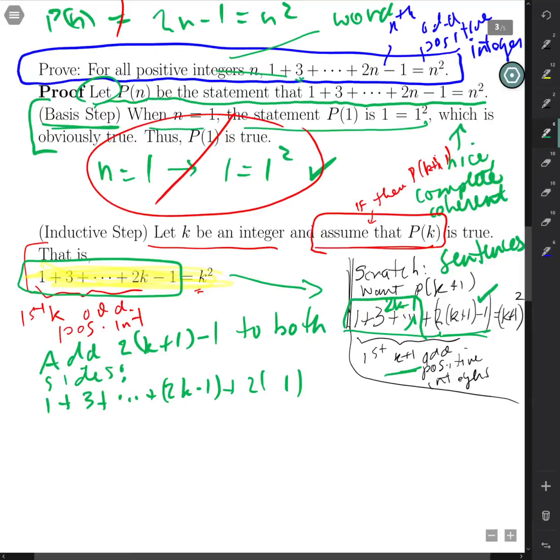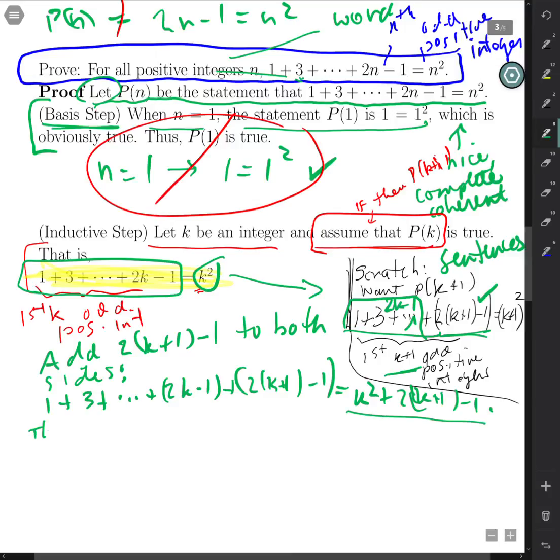Let me write that a little bit better. (k+1) minus 1 is equal to, now it's not (k+1) squared, I don't know that yet. What I know it is k squared, what we had here, plus 2(k+1) minus 1. I'm getting a little sloppy because I'm filling up the screen trying to explain what I'm doing as we go along here. But let's clean up this side right here.